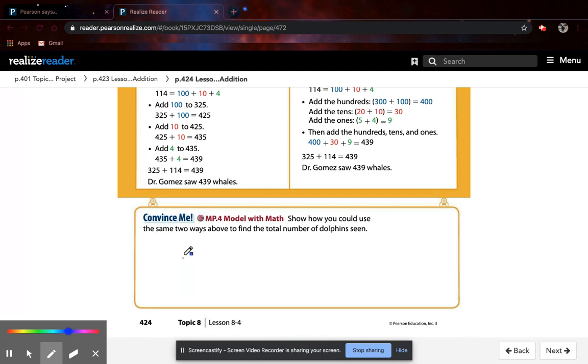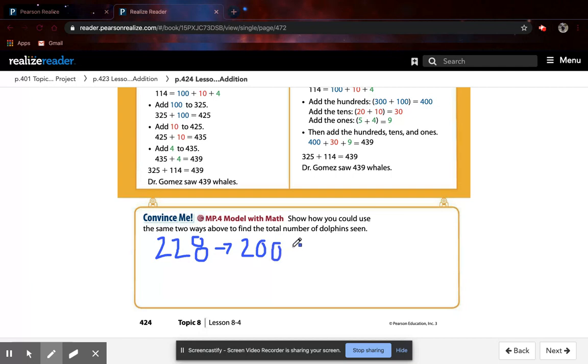So the another way would be to break apart 228 into, and also here when you're saying the number, 228 gives me 200 plus 20 plus 8. Saying the number slowly will give you all the numbers you need to add together. 228, okay?